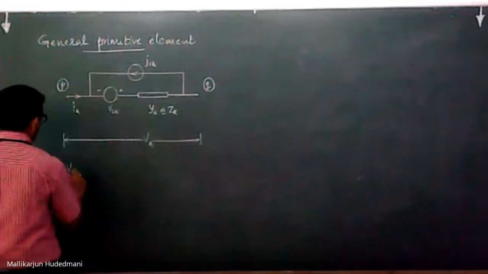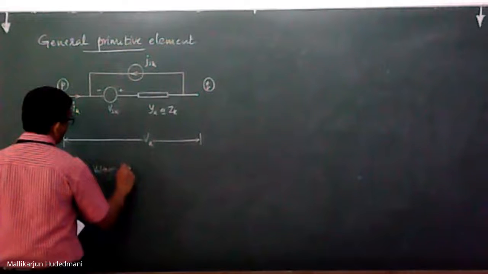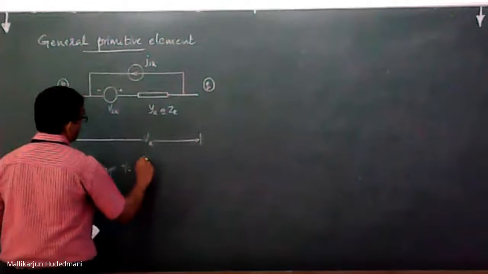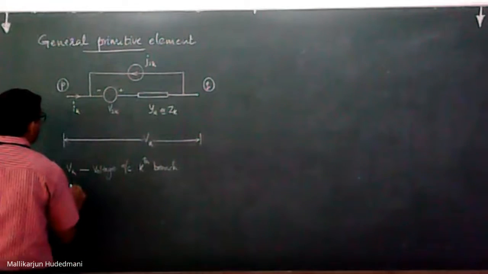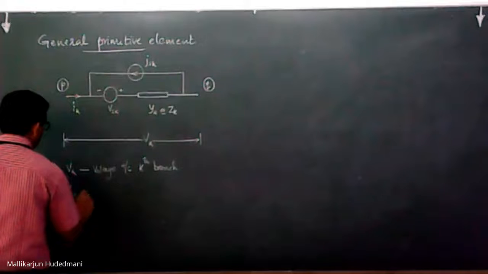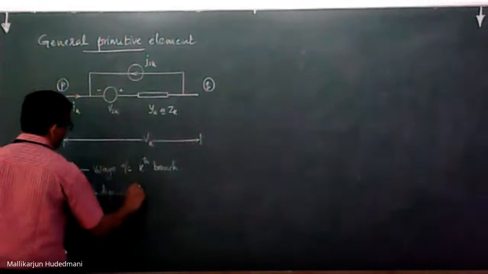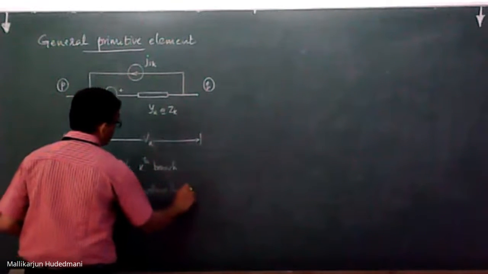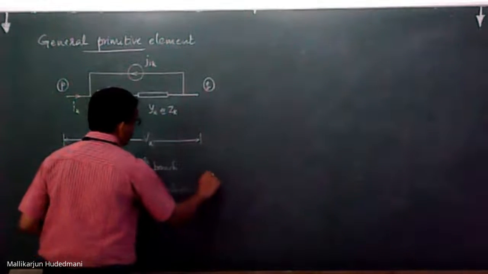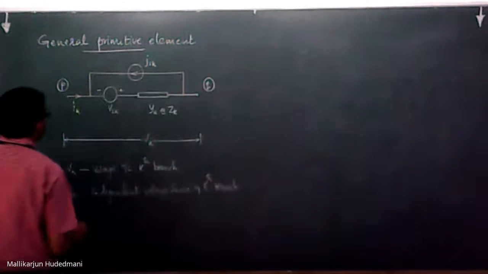Let me highlight them. VK is the voltage across this branch, and VSK is the independent voltage source in the kth branch.